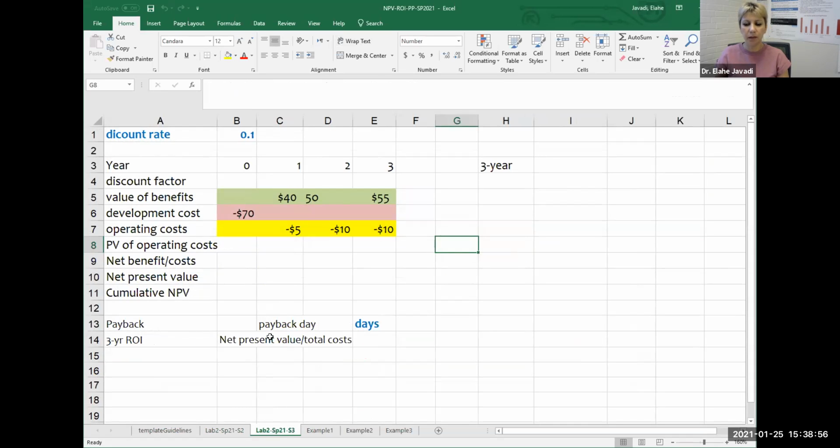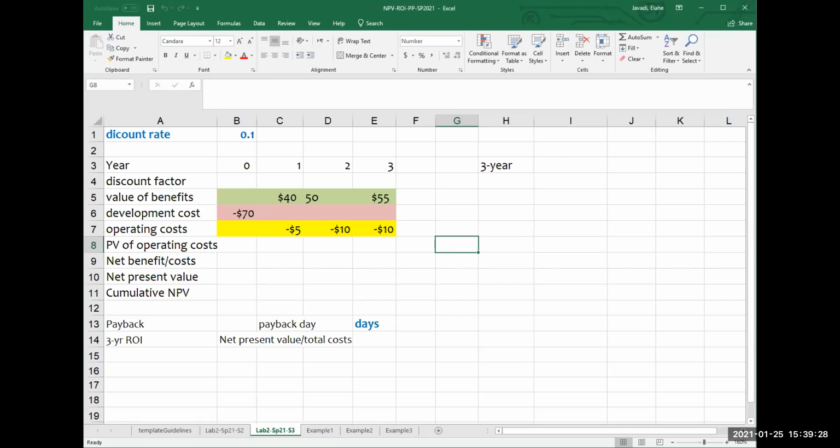So you have to be on a worksheet that looks exactly like this. Is everybody okay? If you're not, please stop me. Looks good to me. All right.